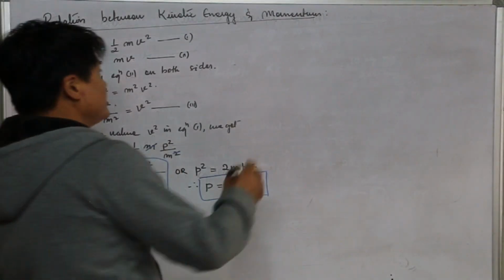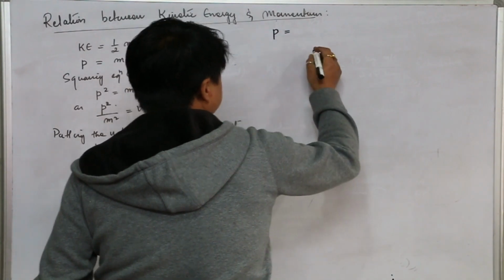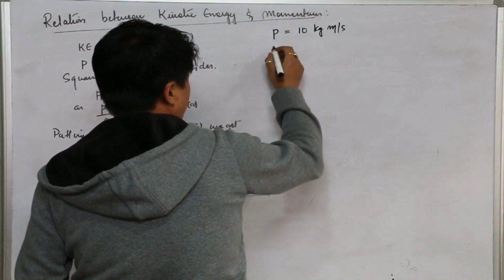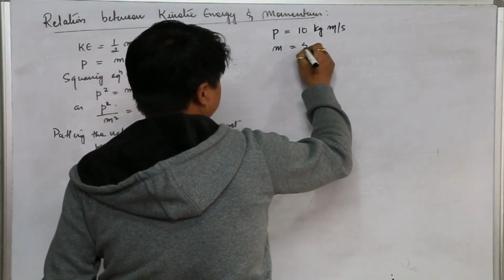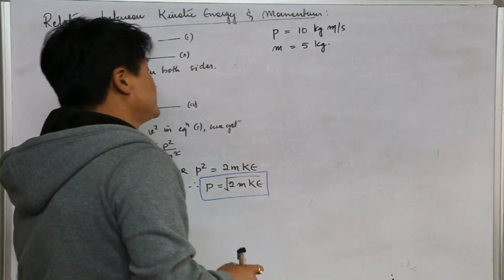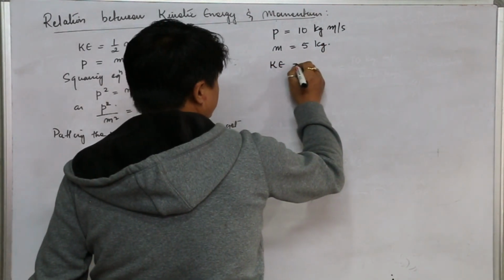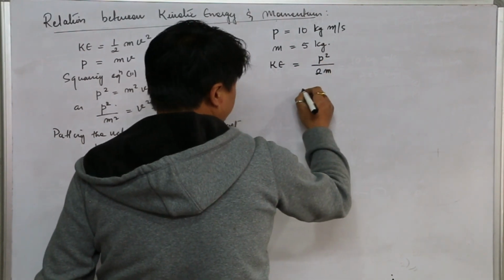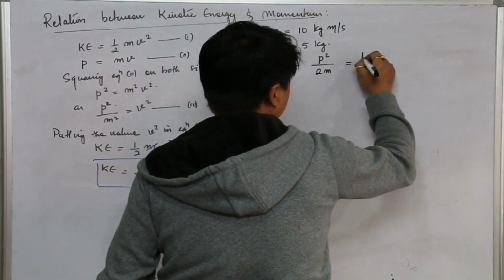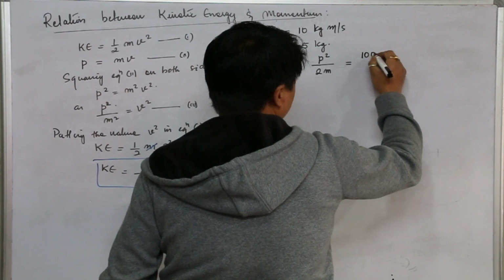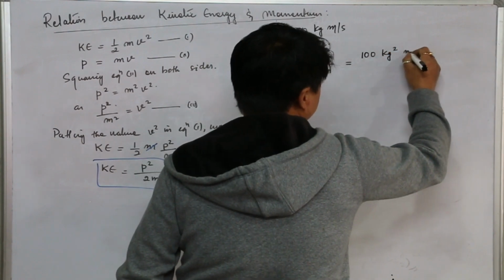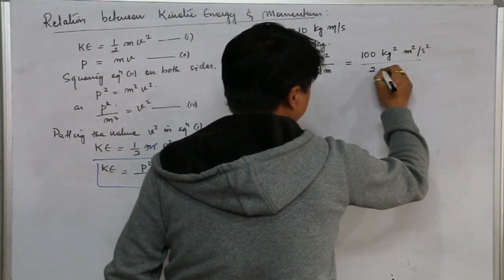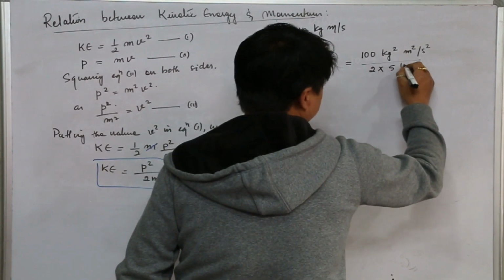If the momentum of the body is given as 10 kg meter per second, and the mass of the body is 5 kg, then the kinetic energy will be p square upon 2m. Here p is 10, square is 100, 10 into 10 is 100 kg square meter square per second square, divided by 2 into m, the mass, 5 kg.